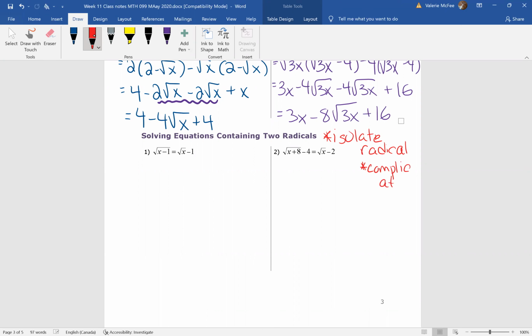Isolate the complicated radical. So in this case, the root of x minus 1 is certainly more complicated than the root of x. And we can see that that radical is by itself on the left side of the equal sign. So the next step is to square both sides.